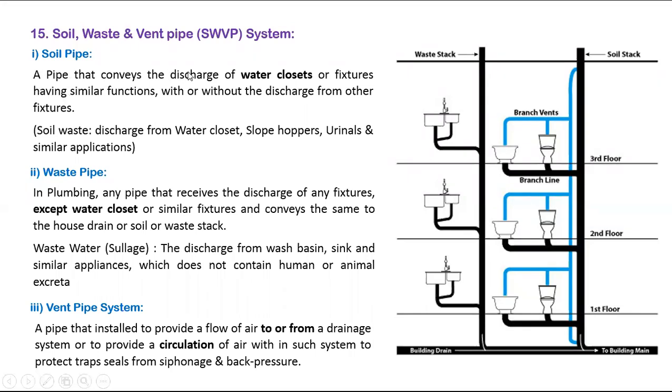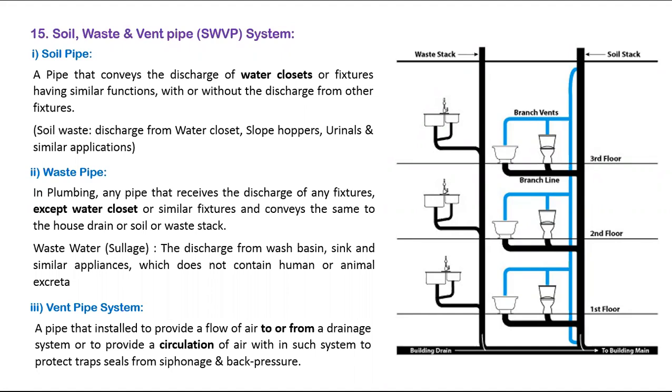A pipe that conveys the discharge of water closets or fixtures having similar function, with or without the discharge from other fixtures. With or without the discharge of other fixtures means sometimes we connect wastewater also into the soil pipe. In a single pipe system, we are connecting all the waste pipes, drain pipes, and the kitchen drain pipe into the single pipe only.